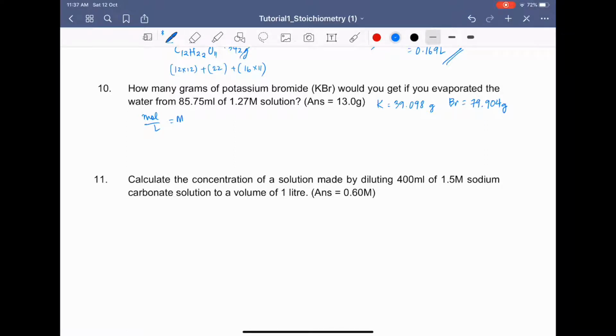So remember, mole per liter is equal to molarity. So if we have 85.75 ml divided by 1000 ml, so that we can convert that to liter, that is 0.08575 liter.